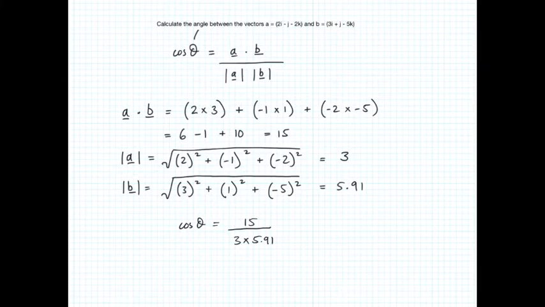And if we want to work out theta, we're doing the inverse cosine of this. 15 over 3 times 5.91 works out to be 32.1 degrees. So that's the angle between those two 3D vectors in space.